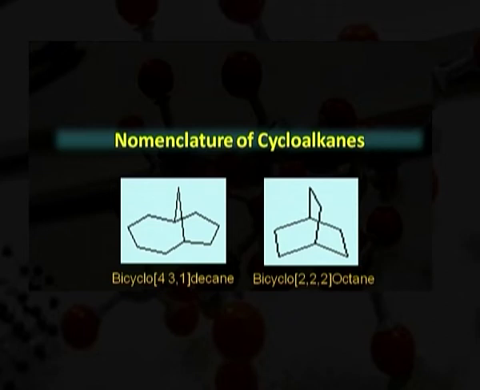In both these structures, we use the word bicyclo in front of the name, for example bicyclo 4,3,1 decane and bicyclo 2,2,2 octane. So, we may say that for 2 rings we must use bicyclo as per IUPAC nomenclature.